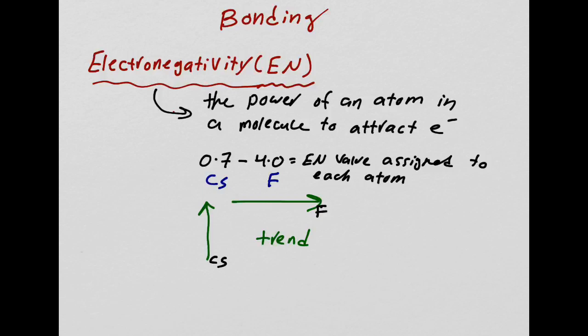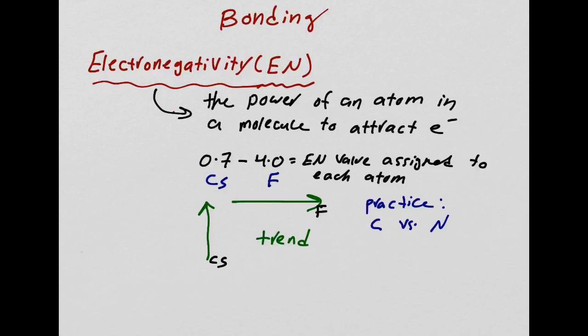Now let's do a quick practice problem. Look at your periodic table and tell me, carbon versus nitrogen, which one is going to have a higher EN value? Every time you have a question like this, write down the trend.